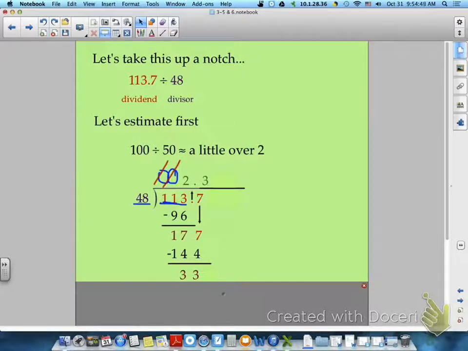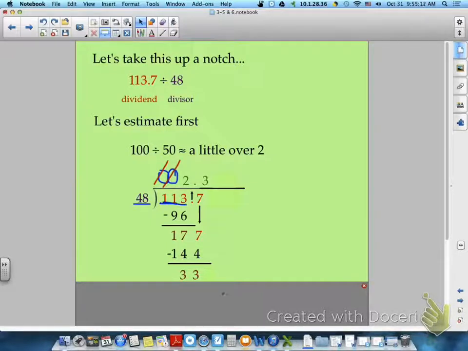Now, in terms of the process itself, are we doing anything different from what we did in the previous problem? No. It's the same questions. It's the same cycle that you do. You ask yourself, how many groups are there? Then you write that down. Multiply the divisor and that value. Write it underneath the number. Subtract. You do the same thing for every single step.